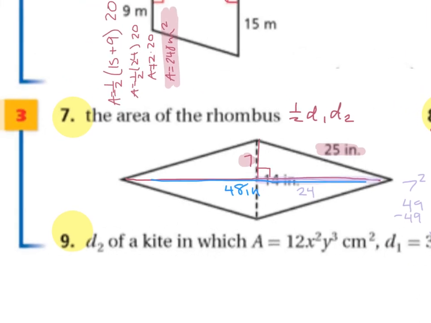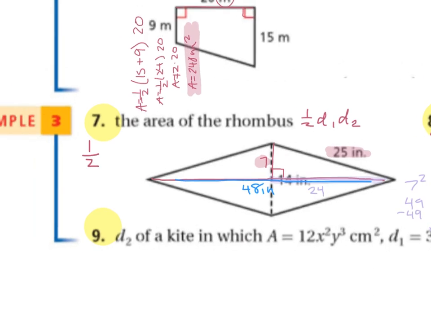So we have diagonal 1, which is 14, and diagonal 2, which is 48. So we're just going to plug that into our area formula now. So the area is equal to 1/2 diagonal 1, which is 14, times diagonal 2, which is 48.